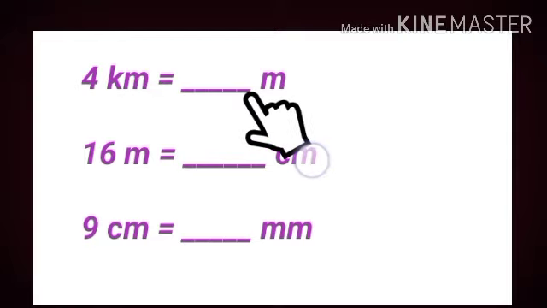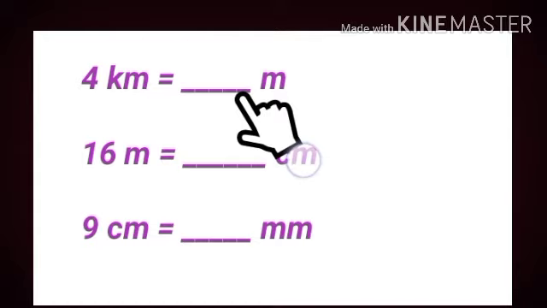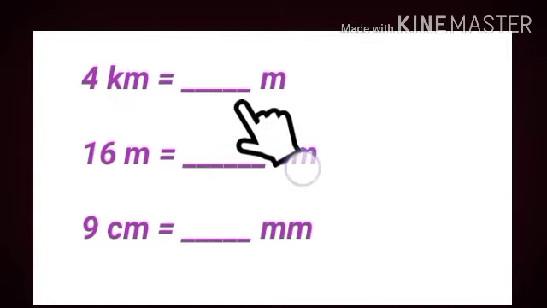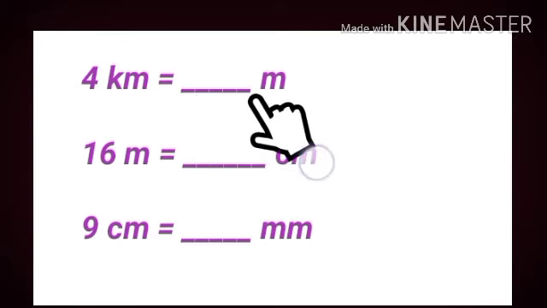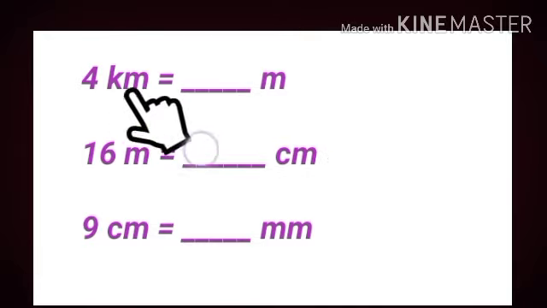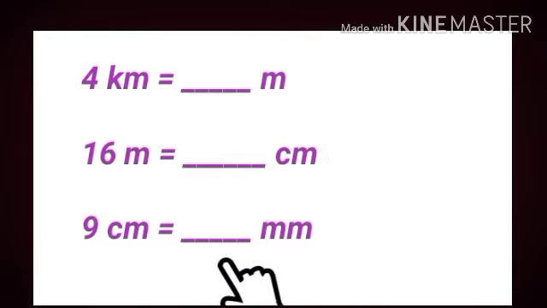So it is easy. So what do we have to do? It's a multiplication. So we can think that it is a multiplication, and when we are converting this, you just have to remember the relation between all the units.